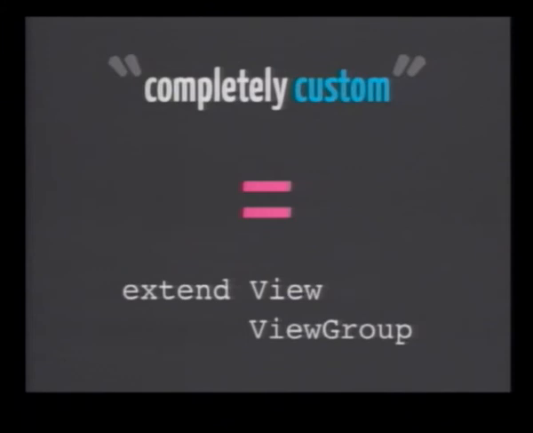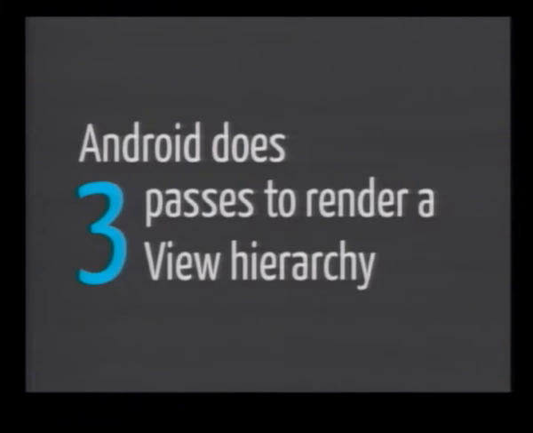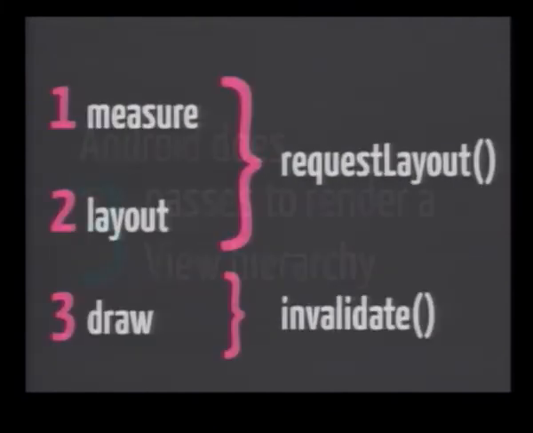And in order to do that, to come back to what I said earlier, we have to understand how Android renders the view hierarchy. So Android does 3 passes to render a view hierarchy. Those 3 passes are first the measure pass, secondly the layout pass, and finally the draw pass. The first 2 passes can be requested via a call to requestLayout.